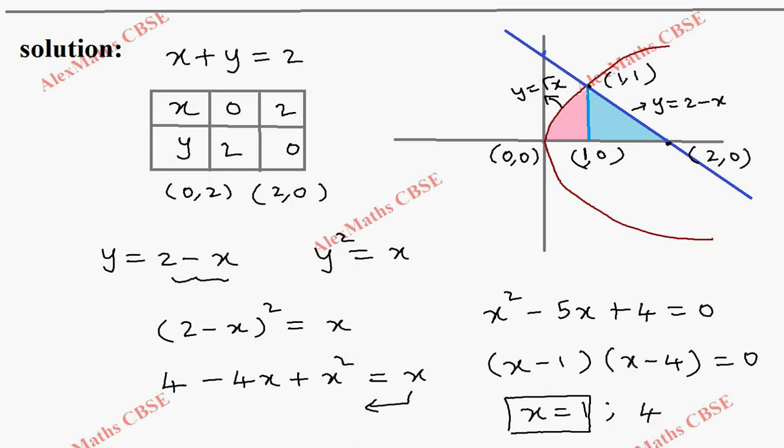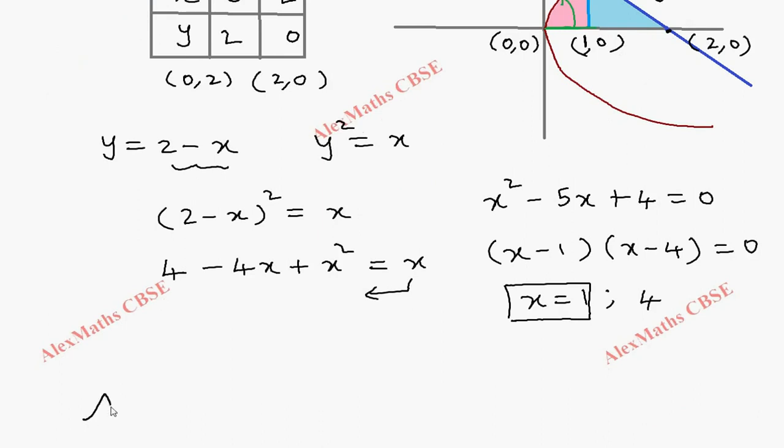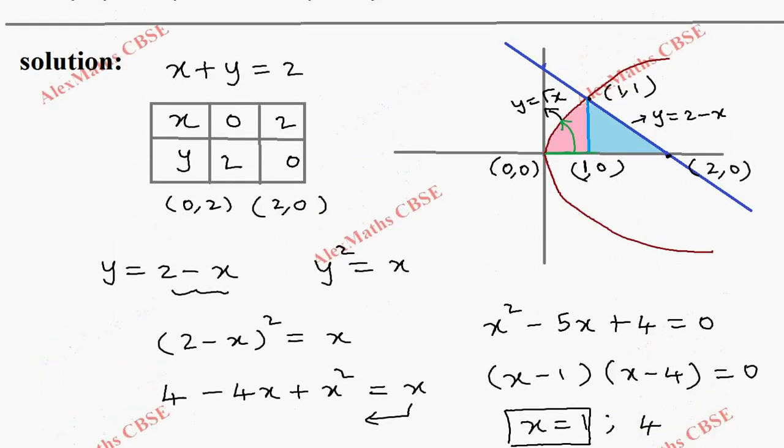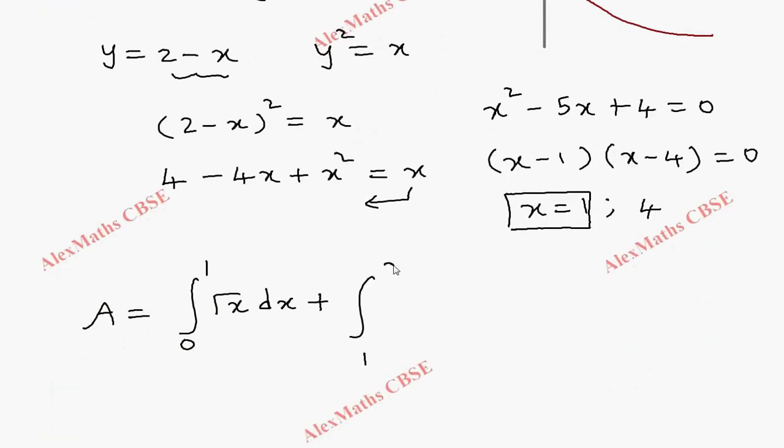So first we take the limit from 0 to 1, where the top boundary is root x. So the total area is integral 0 to 1 of root x dx. Then we add the other part, from 1 to 2, where the top boundary is 2 minus x: integral from 1 to 2 of 2 minus x dx.